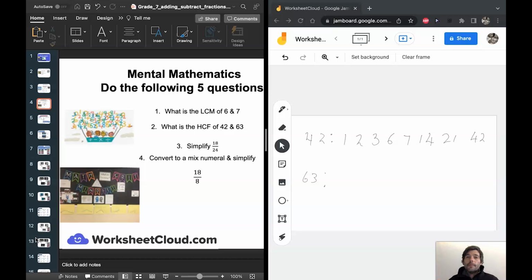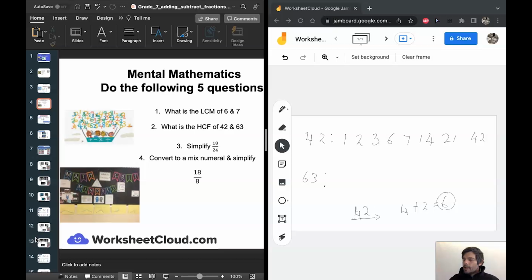The rule for the divisibility of 3 is if I take the number 42 and I split the digits up into 4 plus 2, which equals 6, and that answer 6 can be divided by 3, then this original number 42 can be divided by 3. Okay, so that's the divisibility rule for the number 3. So you don't have to do the whole calculation. You can just add 4 and 2 equals 6. Is 6 divisible by 3? Yes, it is. Therefore, 42 is divisible by 3.